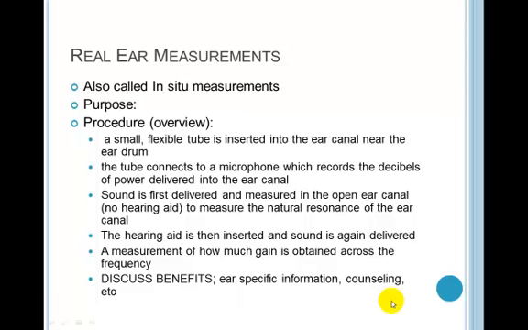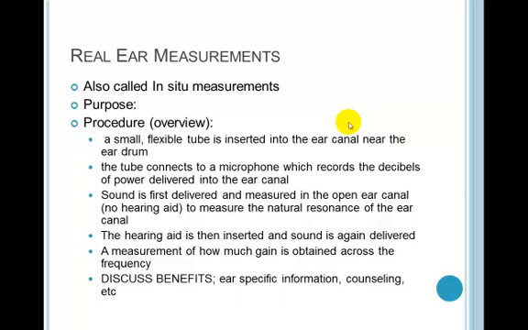Okay? So again, counseling to show this patient. Although I have to tell you, these readings are much more difficult to counsel on. In all the years I've been in clinic and teaching, I think that in situ measurements, this type of real-ear measurements, which is also called insertion gain, once we insert the hearing aid and we measure how much gain or boost we are getting, these are great measurements for an audiologist.